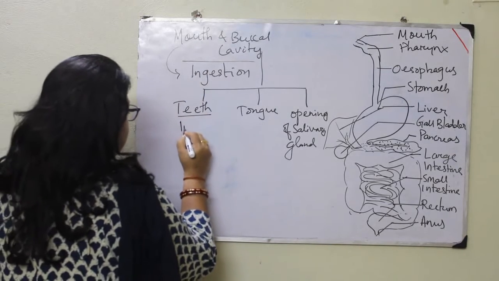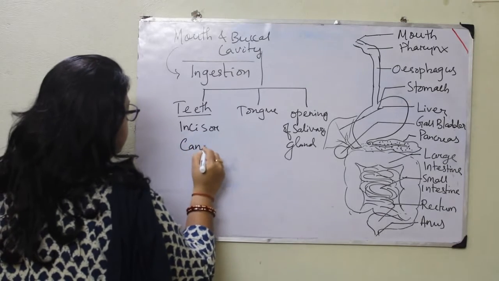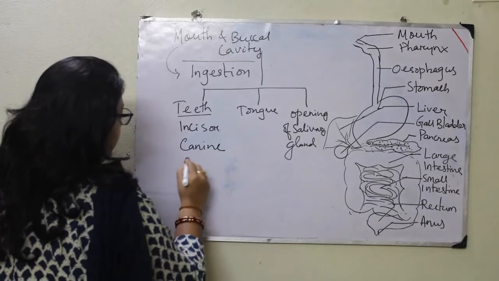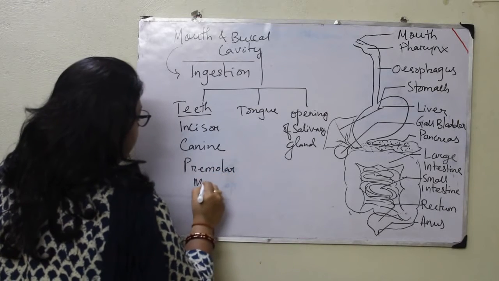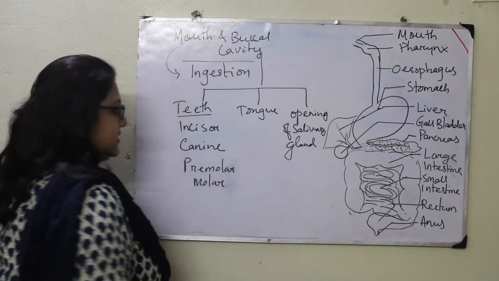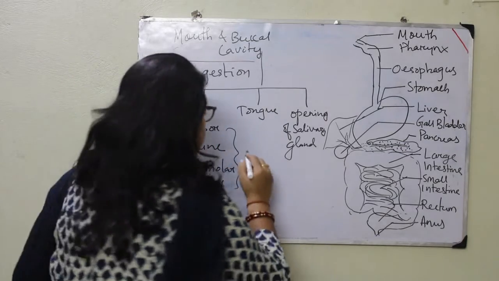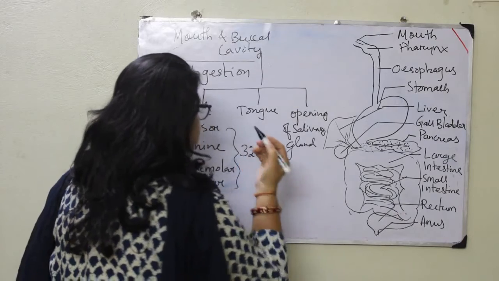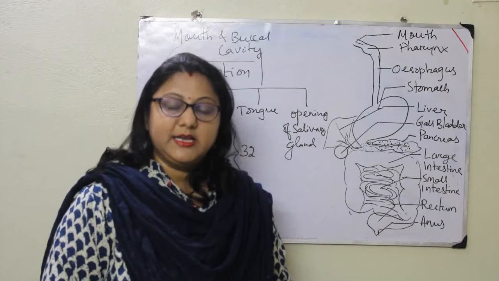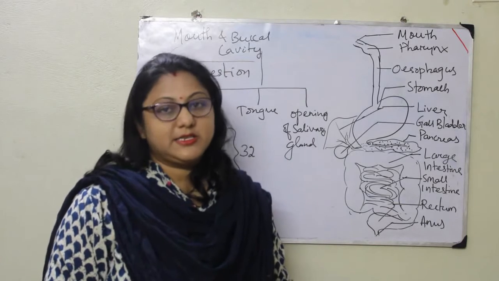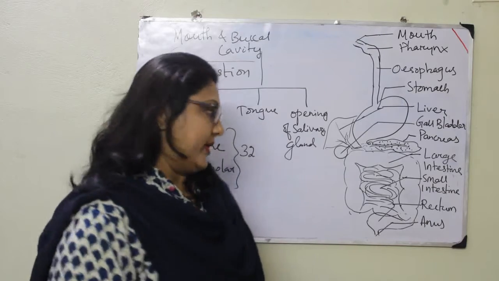How many types of teeth do we have? We have incisor, canine, premolar, and molar teeth. So how many in total? Adults will have 32, adolescents will have 28, and small children, with milk teeth, will have 20. Clear?